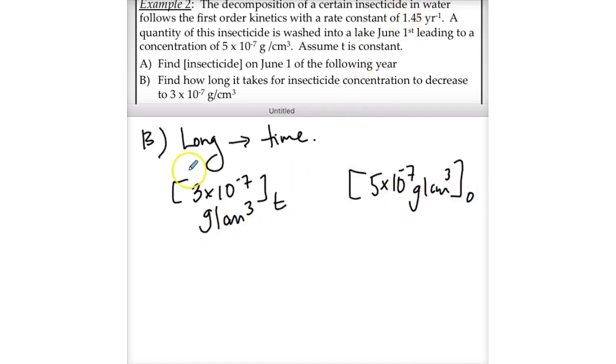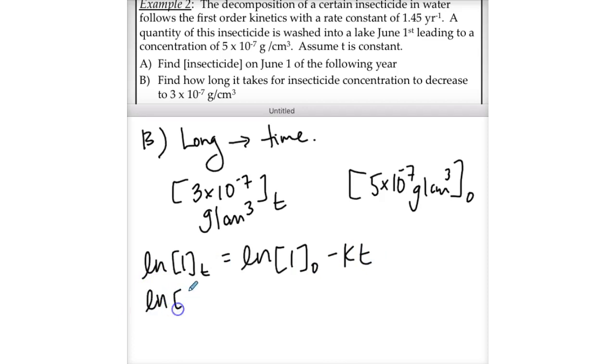Okay, and we have our K there. So what we're going to do is write our equation. The natural log of insecticide with respect to time equals the natural log of insecticide at the very beginning minus KT. The natural log of I with respect to time, that's what we have. We know the concentration of insecticide after a certain change.